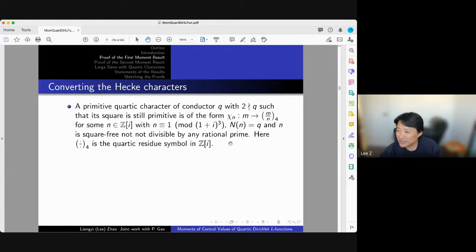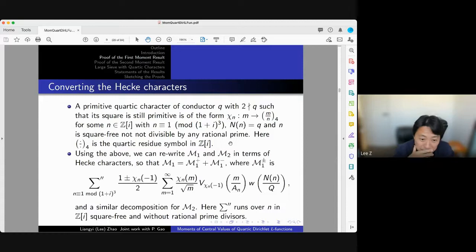So it transforms those Dirichlet characters into Hecke characters. And so once we made this identification, the chi's will simply become chi sub n.